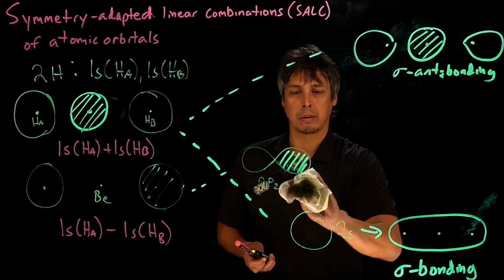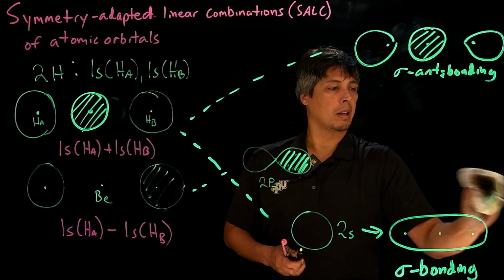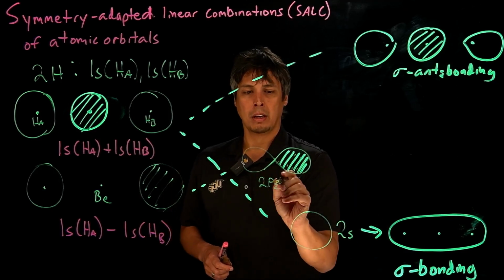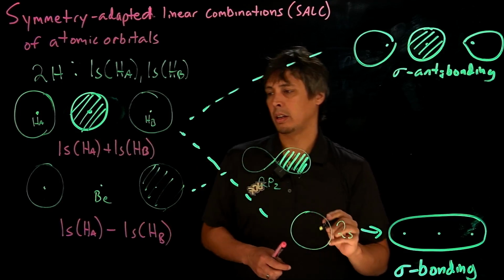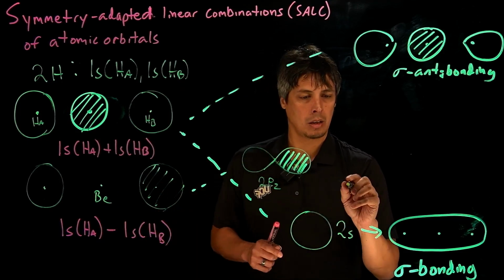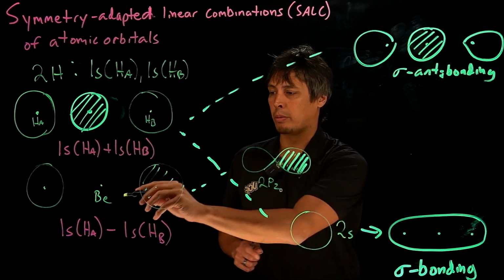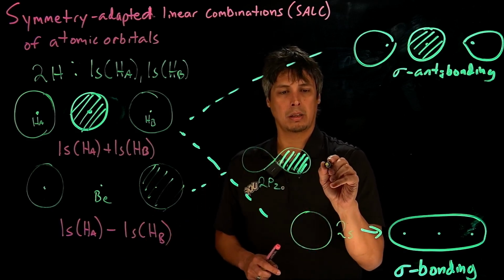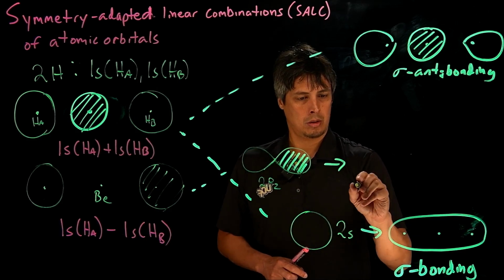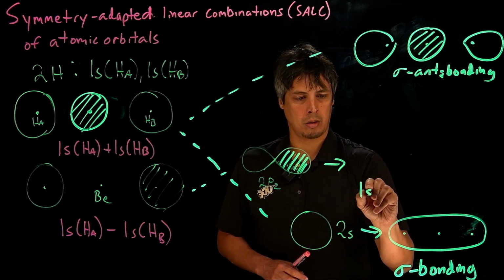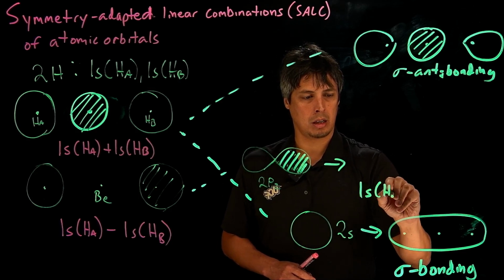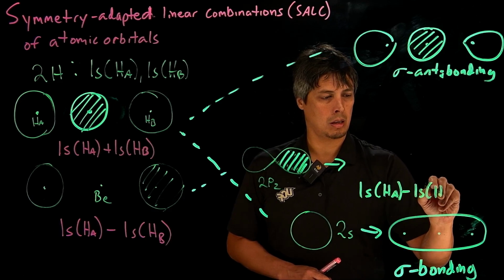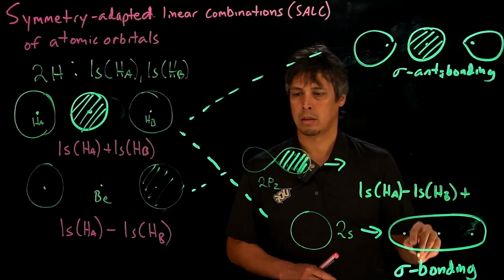And that's okay, and we'll talk about that in the next video about what that means, okay? So if we think about overlapping the 2pz orbital of beryllium with the SALC 1sHA minus 1sHB, that'll be 1sHA minus 1sHB plus 2pz.